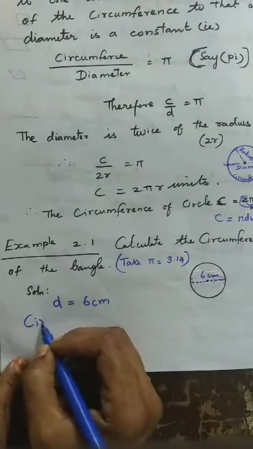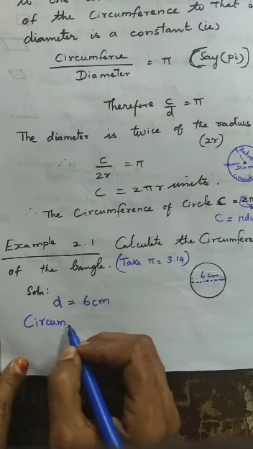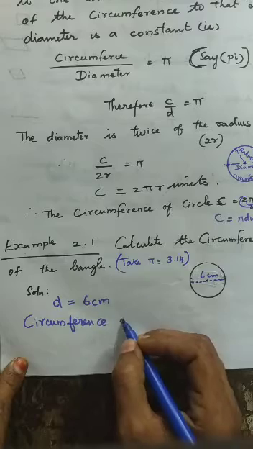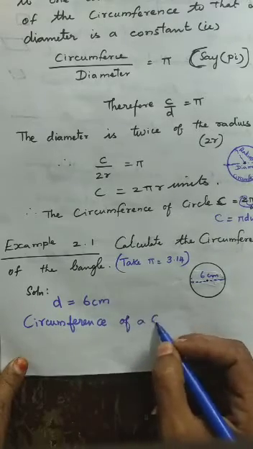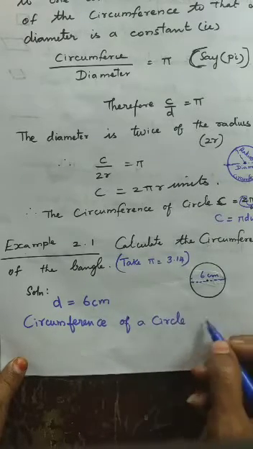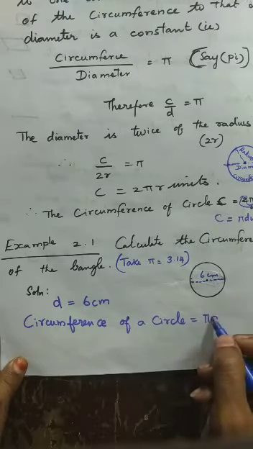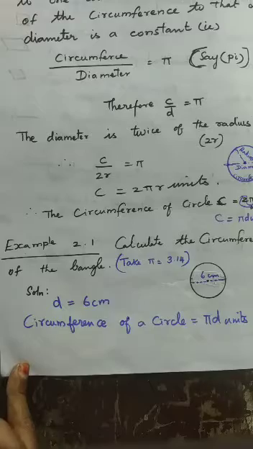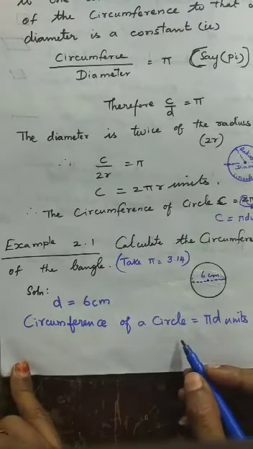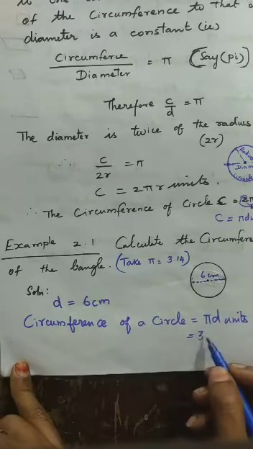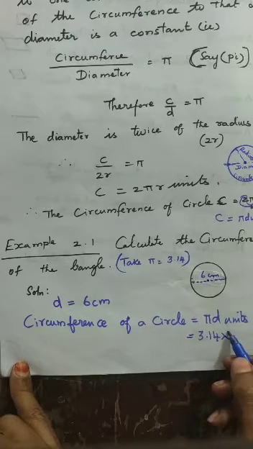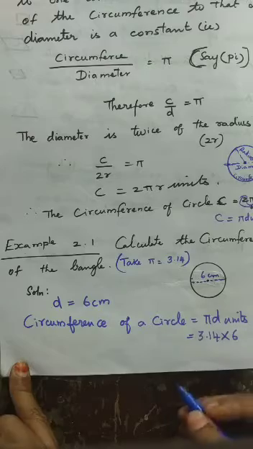Then circumference of a circle is equal to pi d units. Pi d means we take pi as 3.14 into d, the diameter, 6.